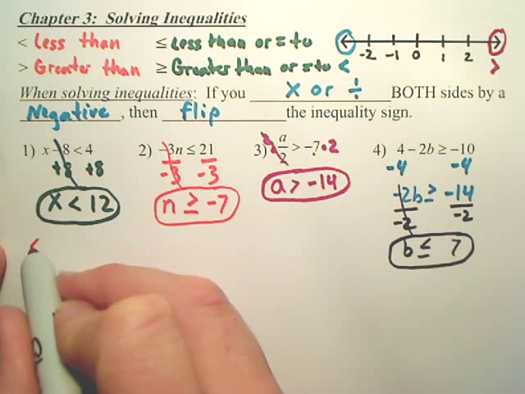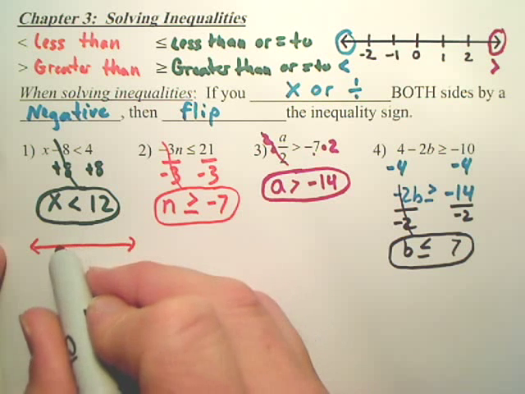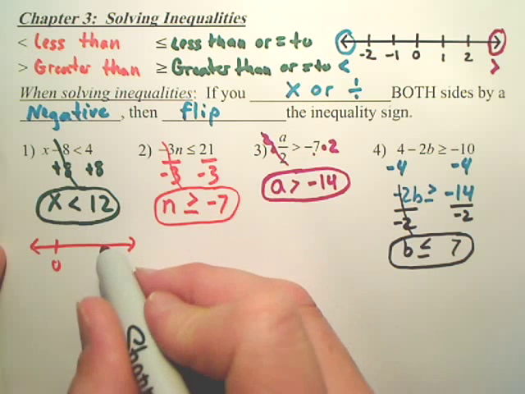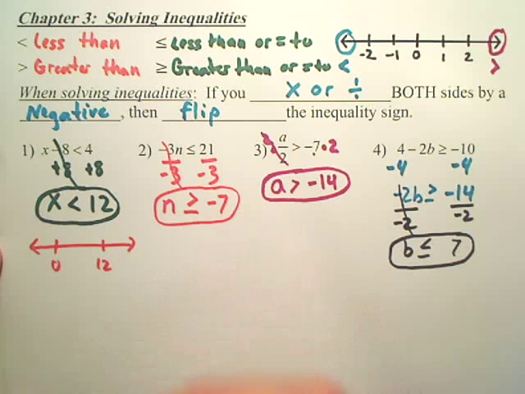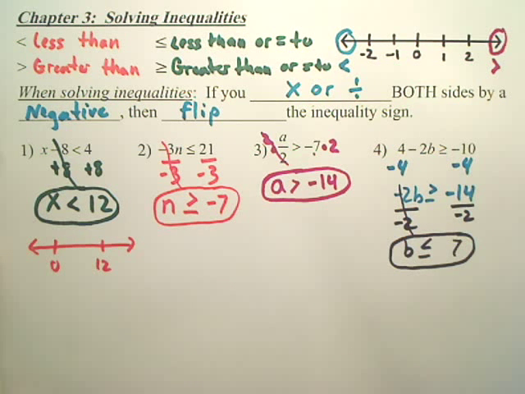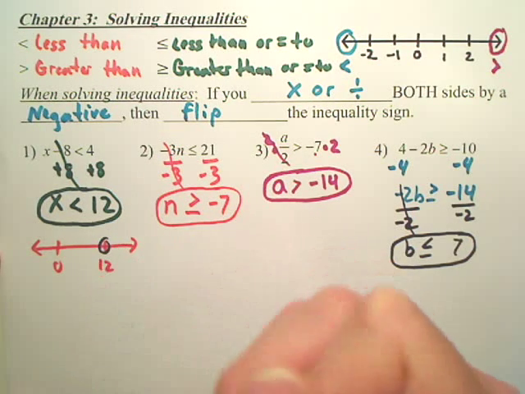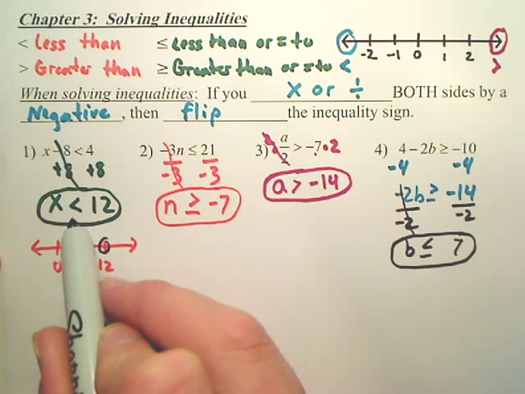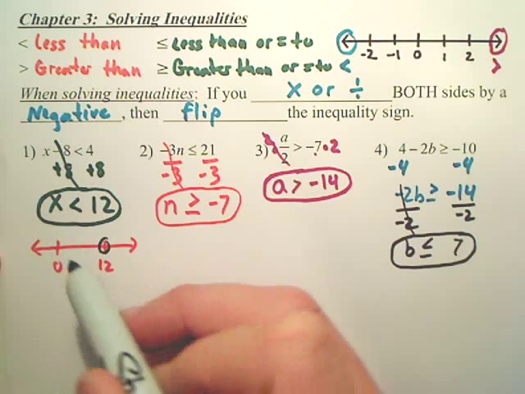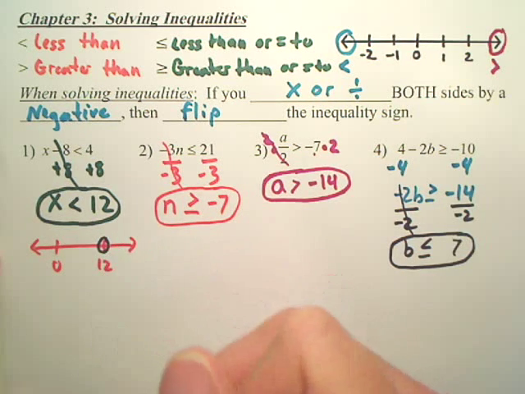Here's how I would graph that. If that's 0 right there, and this is 12. Got it? On a number line. 12 is not part of my answer, because does this say less than or equal to 12? No, it says less than 12. So I leave an open circle.